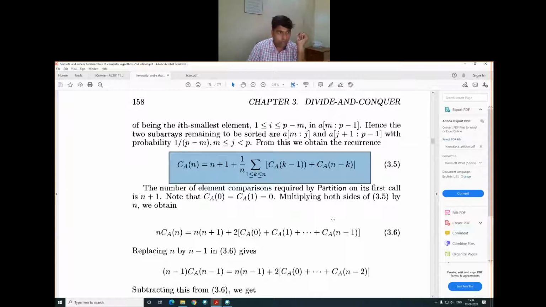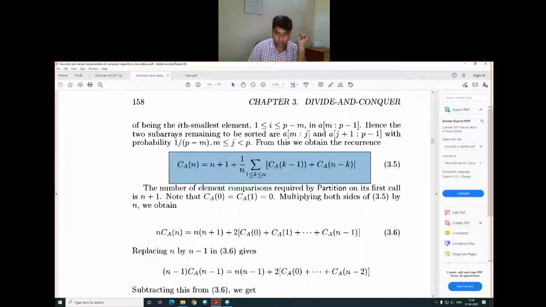From here we can see the same equation we discussed earlier. C of A n is equal to n plus 1 plus 1 upon n on average.